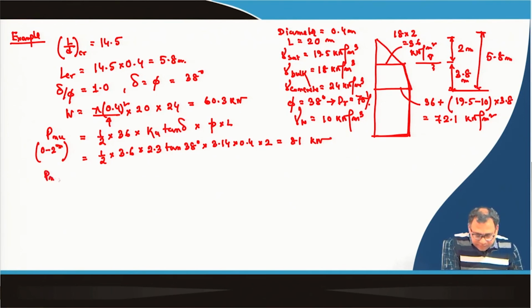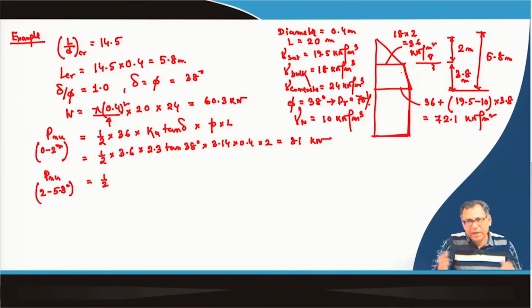Then P net ultimate from 2 to 5.8 meter. That is half, because we are taking the average, the same thing that we did for the pile under compressive load to determine the friction resistance.